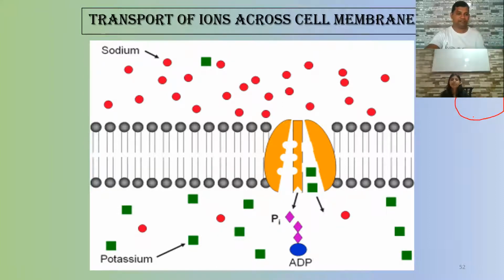It will allow everything to pass through. But the plasma membrane is selectively permeable. That means it will be able to regulate which ions, which molecules, which solute should enter the cell.